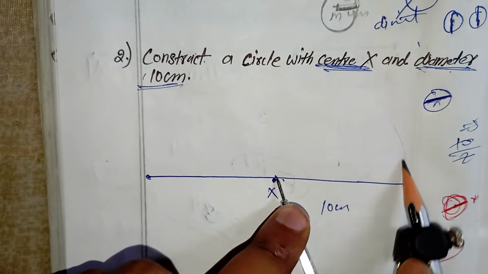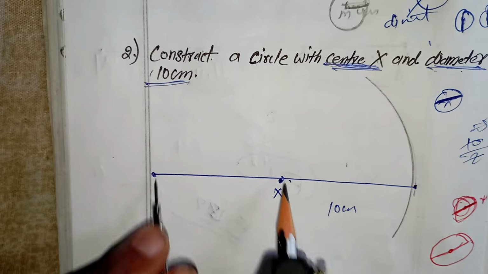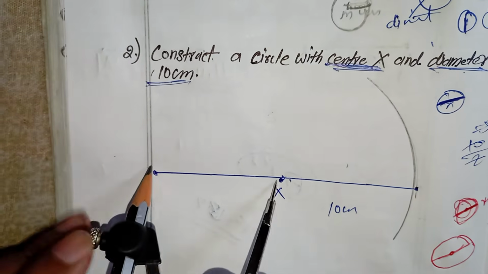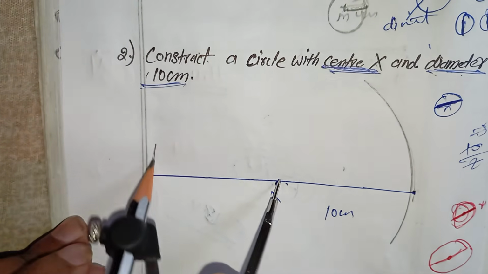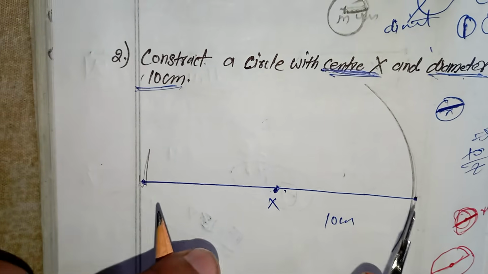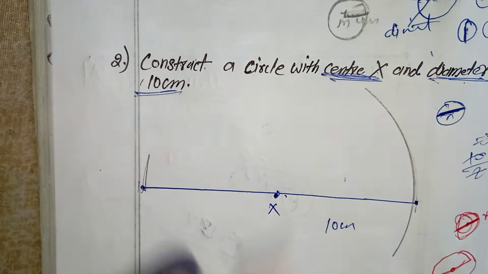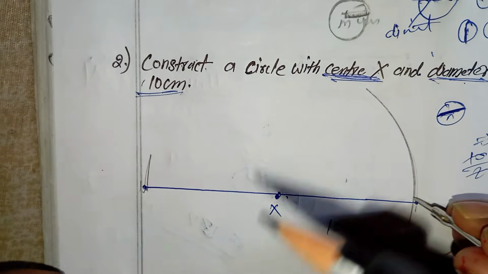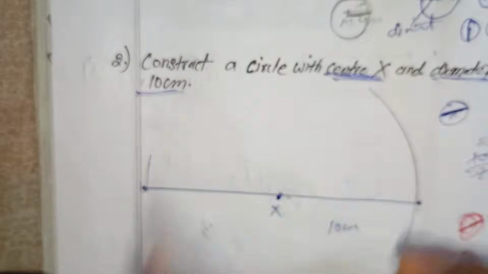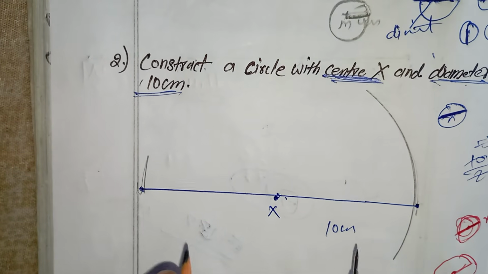Otherwise you can extend this from here and here, and draw. Don't do like that. If you do it like that, it is going to be a lot bigger, it is not going to be 10. So always take from the center.